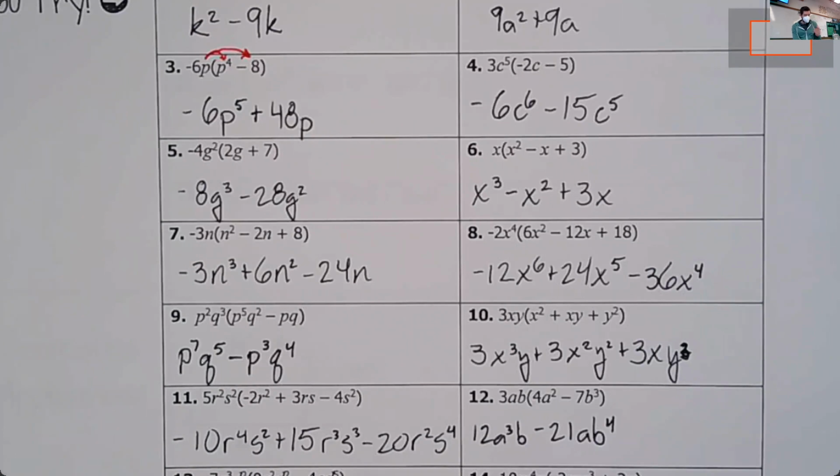Negative 10r to the 4th s squared plus 15r to the 3rd s to the 3rd minus 20r squared s to the 4th. And then 12, so far I have 12a to the 3rd b minus 21ab to the 4th power.